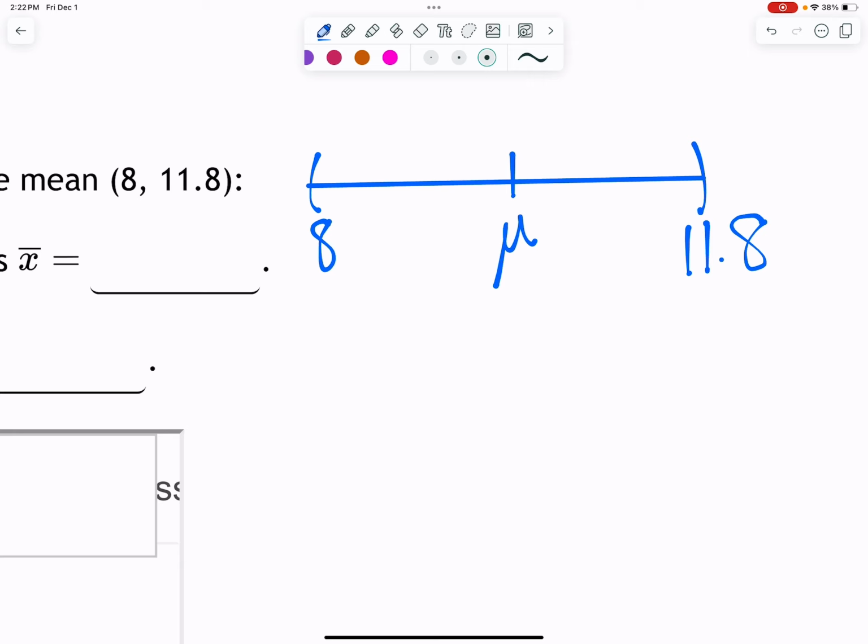And again, on your exam 4 handout, in the middle of the page on the left, you have a rectangle that says constructing confidence intervals for the mean. So the mean means we need to find the middle of that interval. So we're going to find the average.